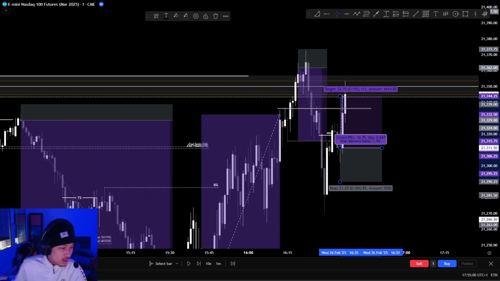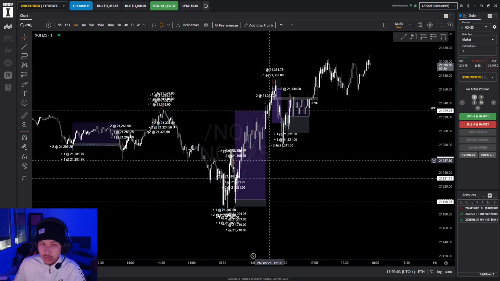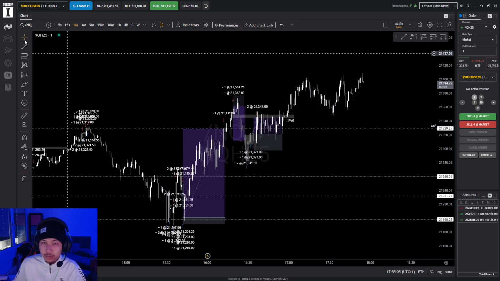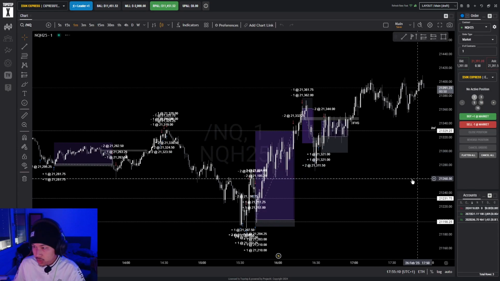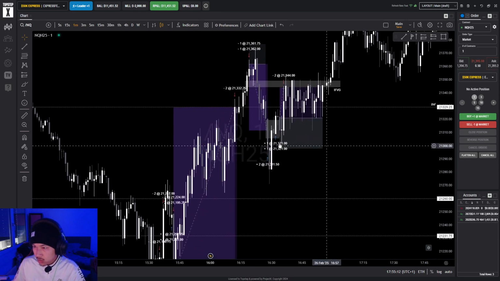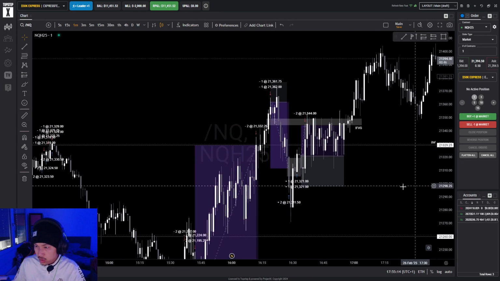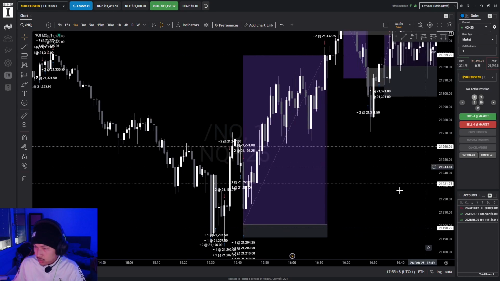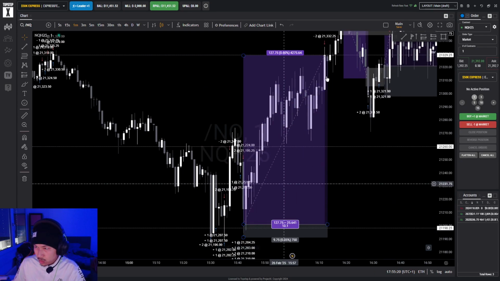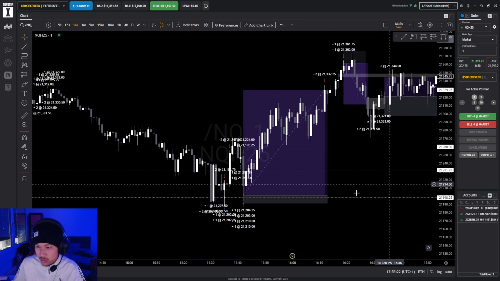And now coming to my stats here. Okay, let me show you all the executions first. Here a little trade, 1k. This here is also like 2k from here to here. And then this huge long opportunity from here to here.